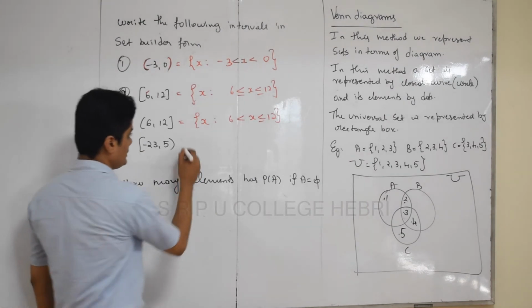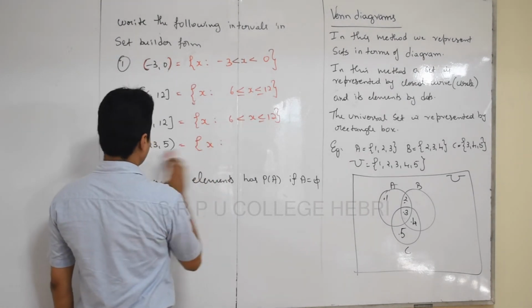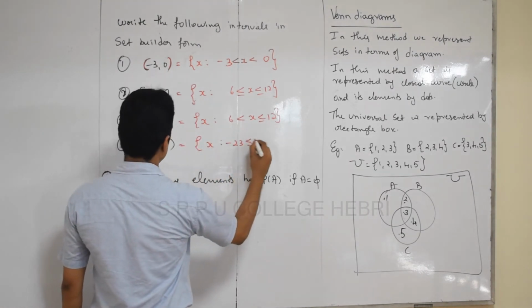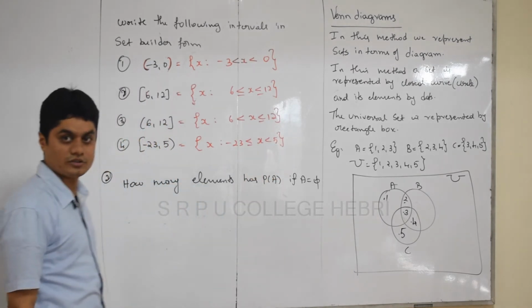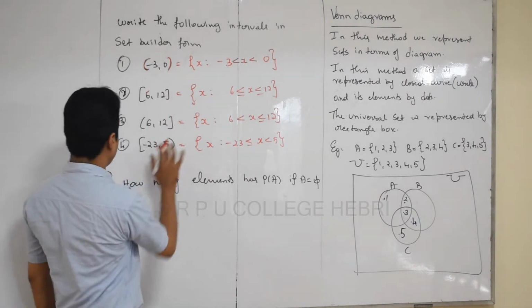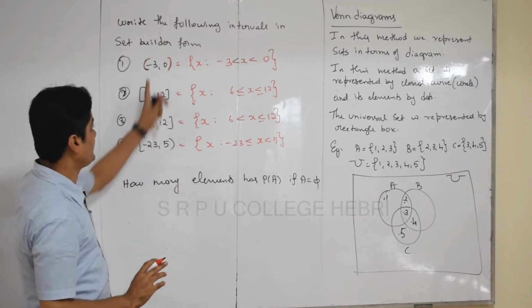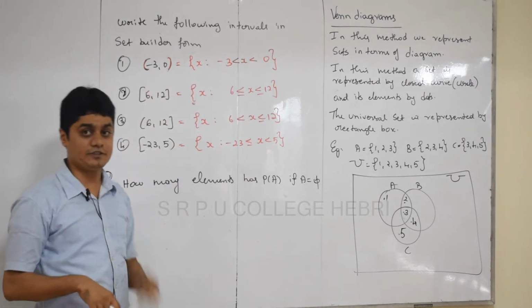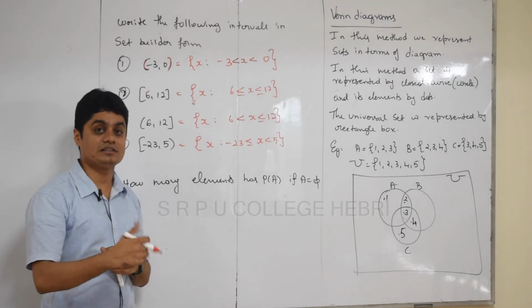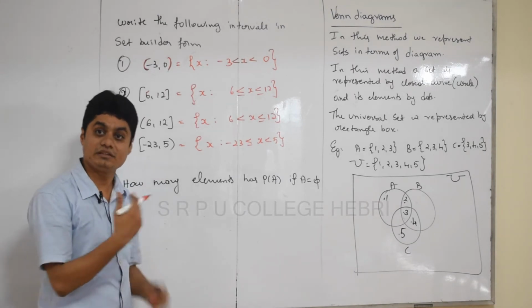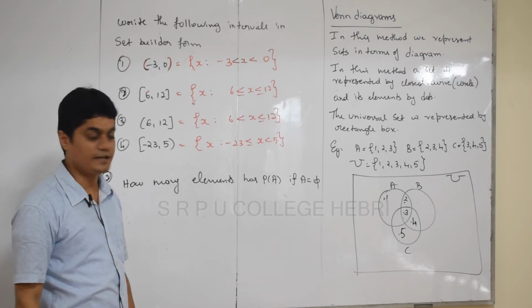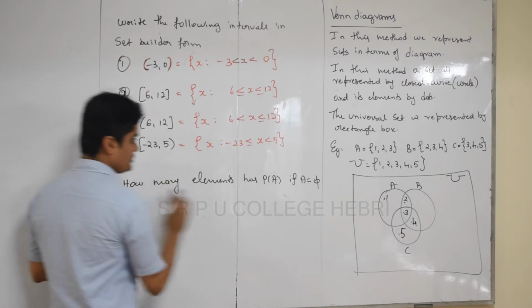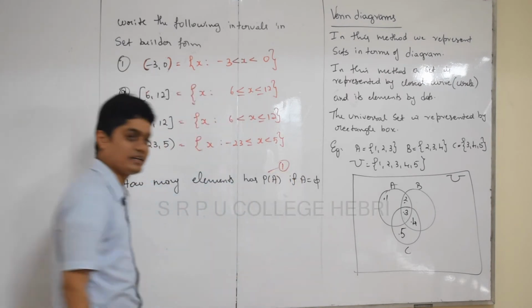I hope you will understand easily. X such that minus 23 is included, 5 is not included. Got it? Very good. So the first 4 problems are understood: writing intervals in set builder form. The last type is set builder form in intervals, interval in set builder form. Remember both are important for 1 mark. Usually a 1 mark question is asked in the exam.